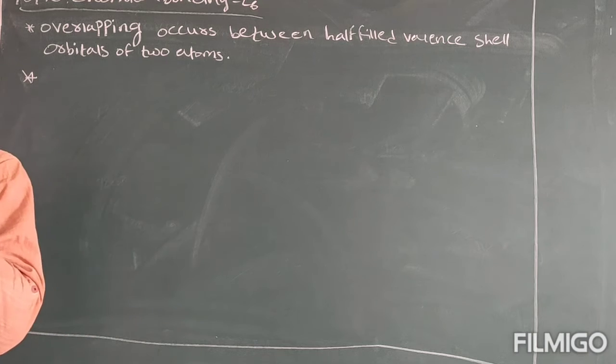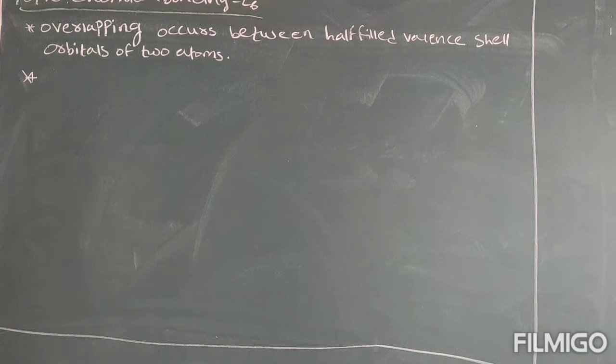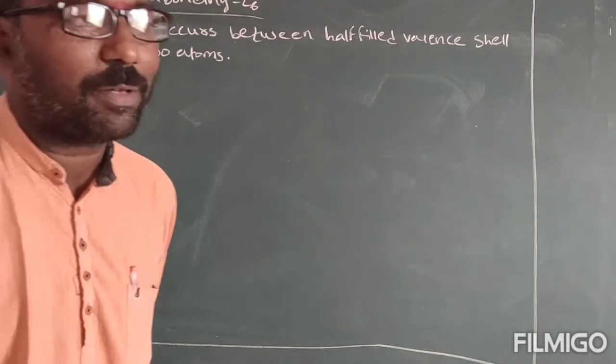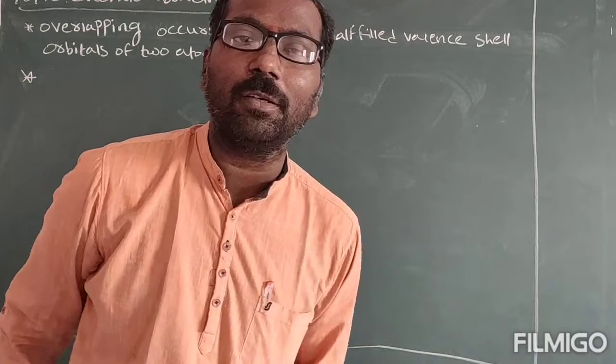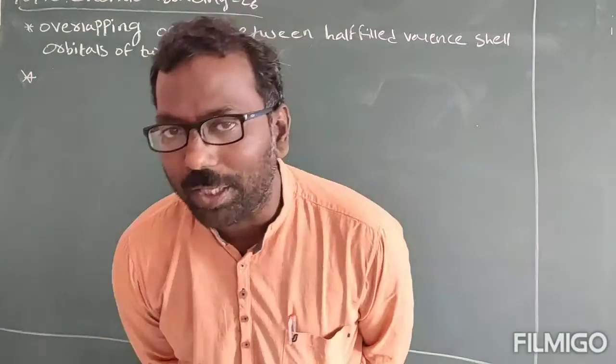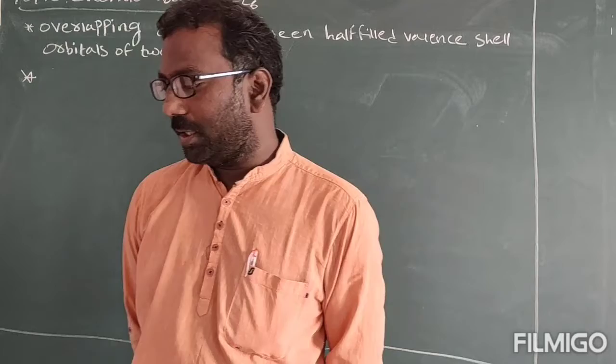Orbitals will come close to each other from the direction in which there is maximum overlapping. Already we had a discussion that ionic bond is a non-directional bond, whereas covalent bond is a directional bond.